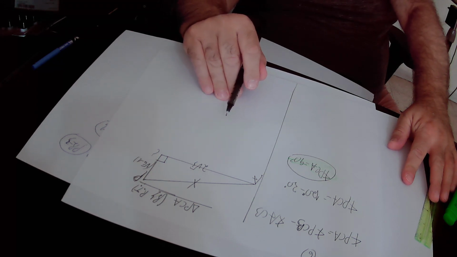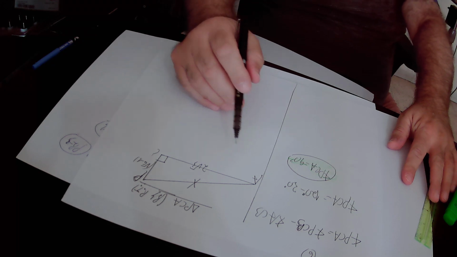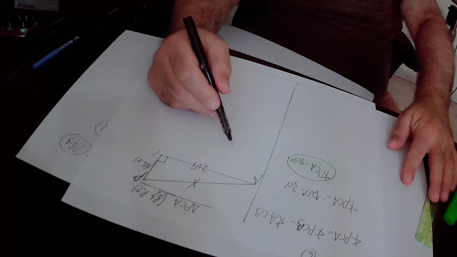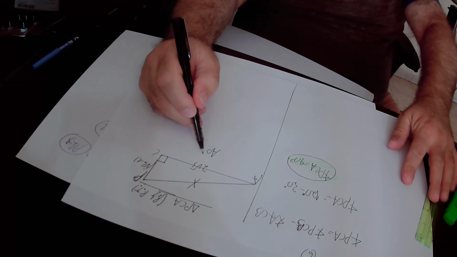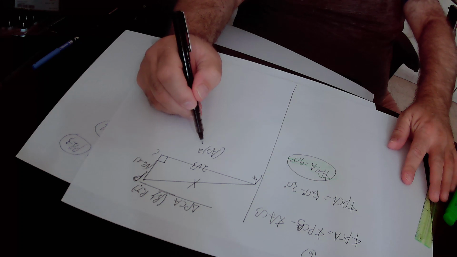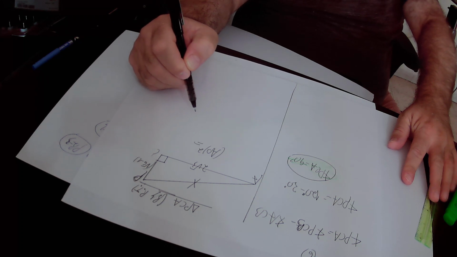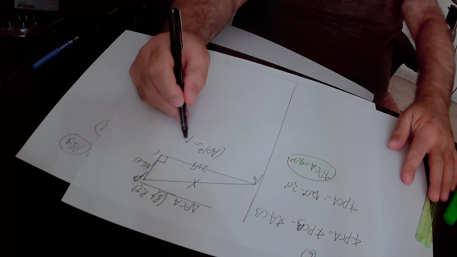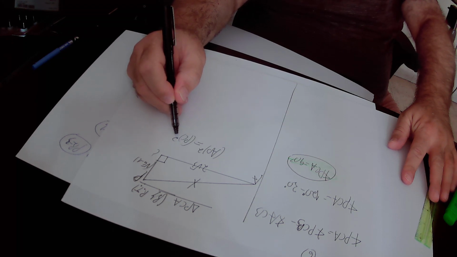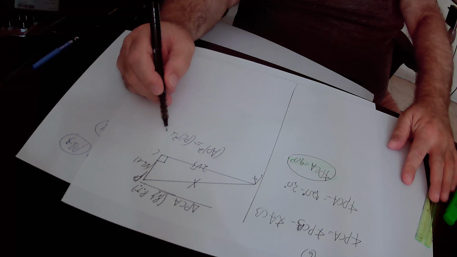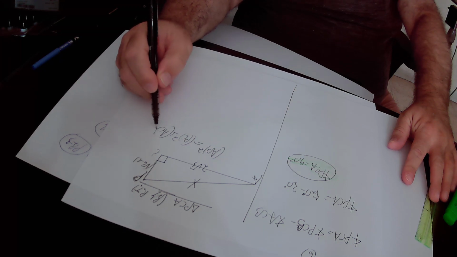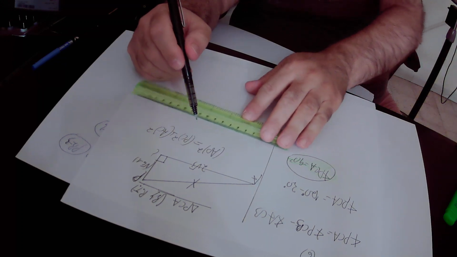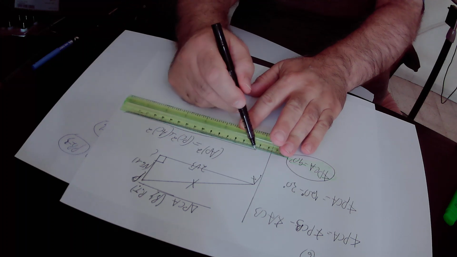In the right triangle APC, the hypotenuse is AP, therefore the square of the hypotenuse is AP squared, and it must be equal to the sum of the squares of the perpendiculars. This is to say, it must be equal to PC squared plus AC squared.